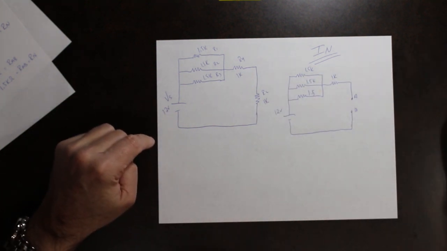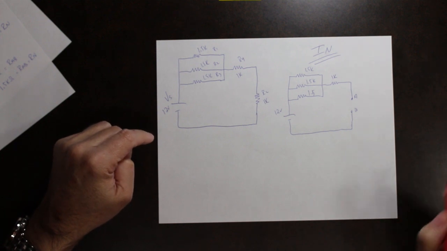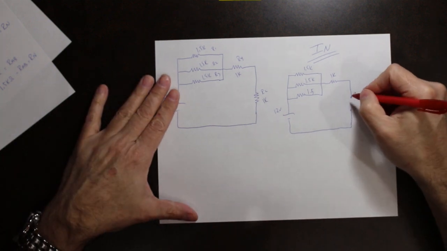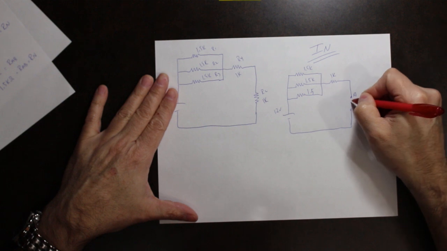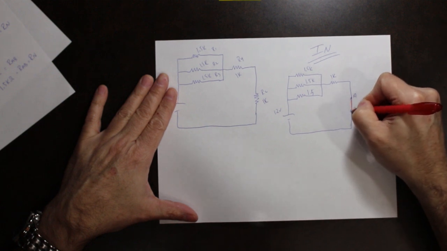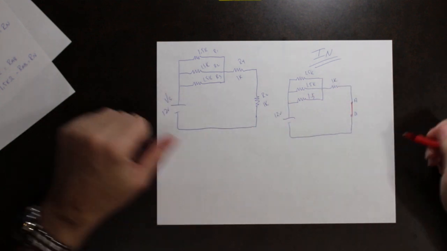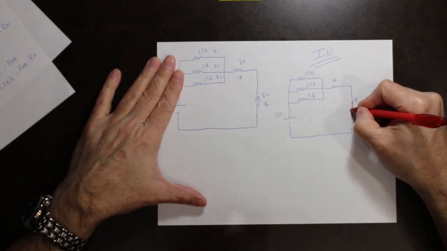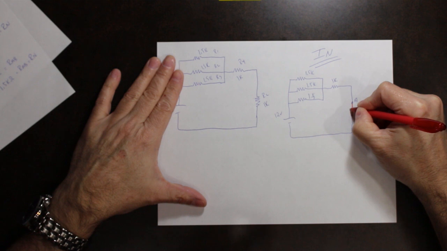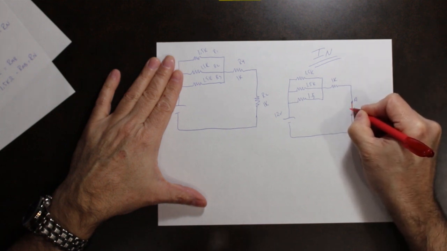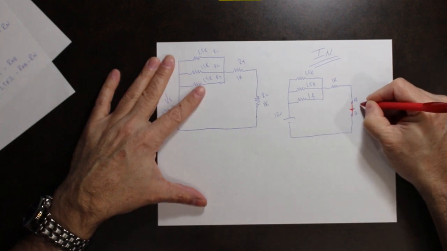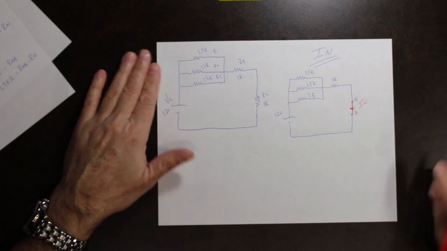What we need to do now is create a short circuit from point A to point B. Just pretend there's a wire there. In this circuit now, if we can calculate the current that is flowing through that little piece of wire, that will become I Norton.